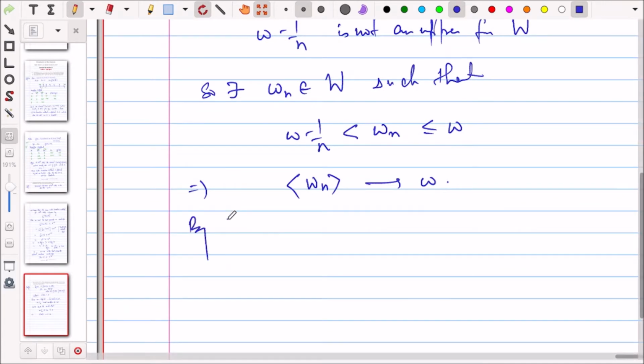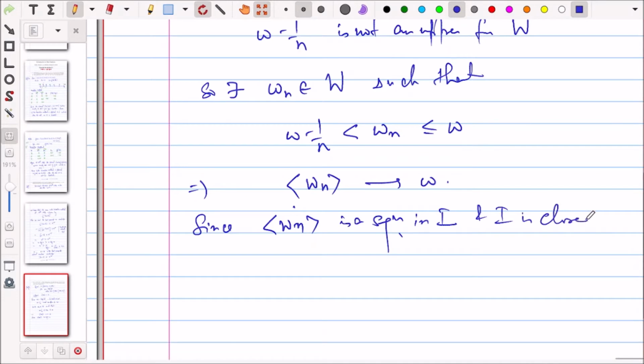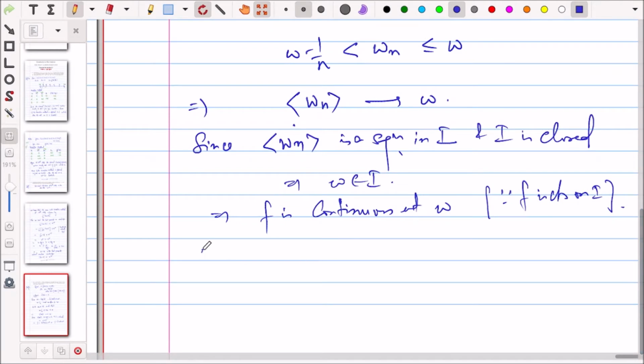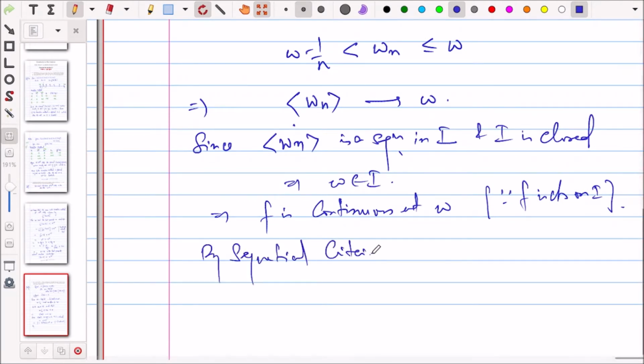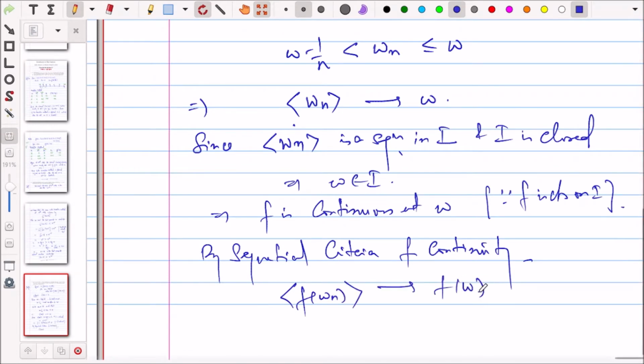So by the sequential criteria for continuity: now w belongs to I, since wn is a sequence in I and I is closed, so this implies w belongs to I. So f is continuous at w, since f is continuous on I. So by the sequential criteria for continuity, f of wn converges to f of w.